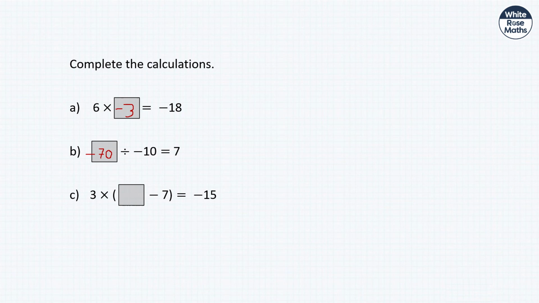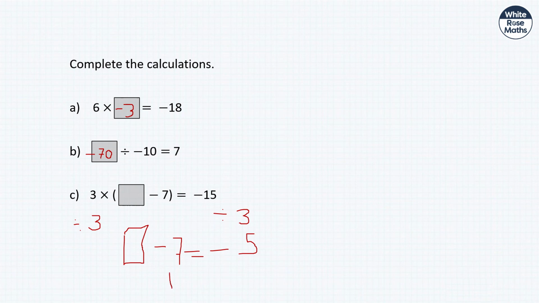Here, being a bit more careful, I'll divide by 3 first of all. Let's work backwards. So I'll have something subtract 7 is equal to minus 5.